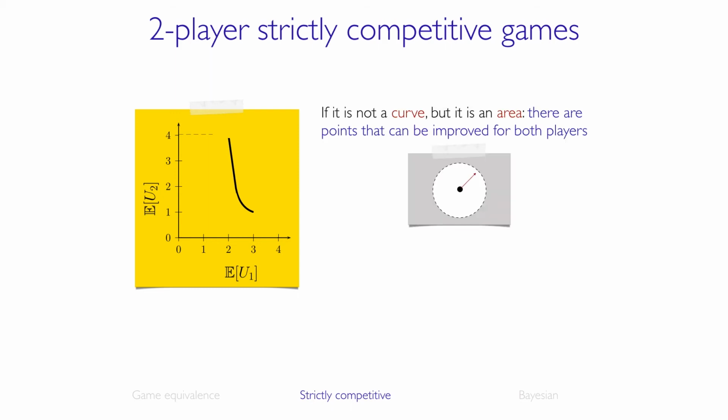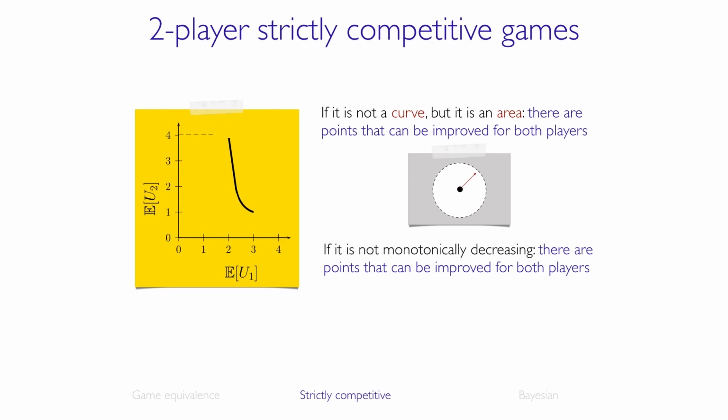Obviously, if the image included an area, there will be points from which both players can improve their utility, and therefore the image must be a curve. Again, if the curve is not monotonically decreasing, both players can improve their utility from some points.